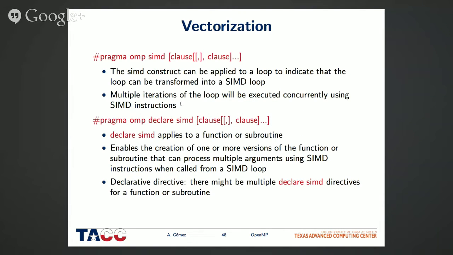It's not just shared memory, now it's also allowing you to specify vectorization. What is vectorization? Well, most of the modern processors have a vector unit. A vector unit is a specific part of your processor that allows you to run many operations at the same time. Single operations like subtractions, multiplications, and so on.